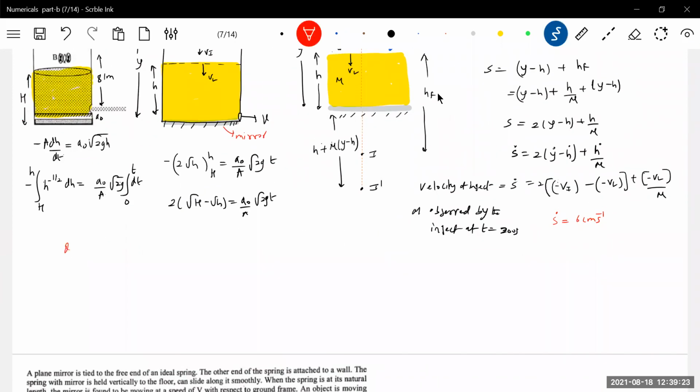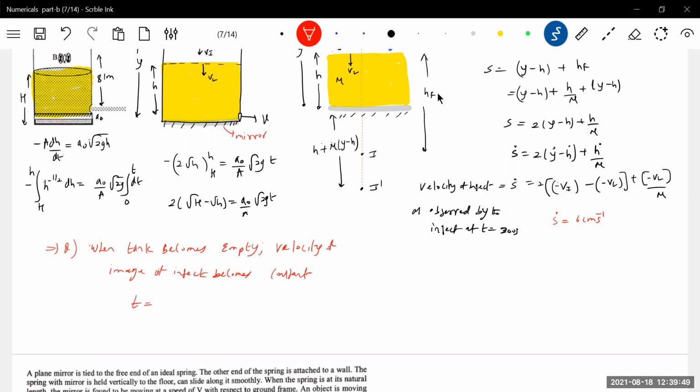Next question. When the tank becomes empty, velocity of image of insect becomes constant.